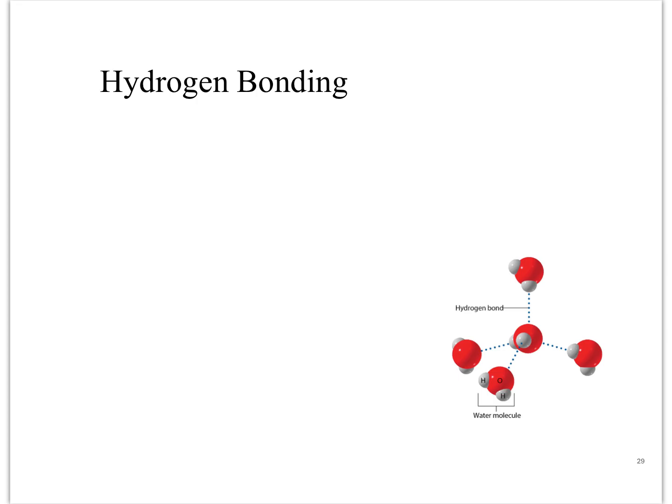And the requirement here is that hydrogen needs to be covalently bound to either oxygen, nitrogen, or fluorine. Why? Because they are very electronegative. So what does that mean?